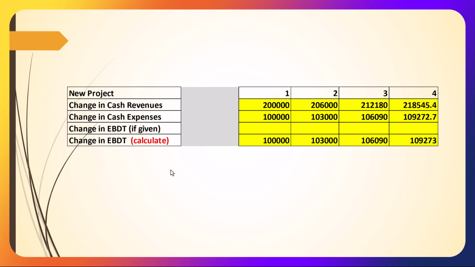Now, in some homework problems, they might tell you what this is, in which case you would just type it in there. But in this case, you need to calculate it. And of course, it's just revenues minus expenses. The acronym here stands for earnings before depreciation and taxes. Remember, we don't have interest. We're not going to do interest because that's in the weighted average cost of capital.